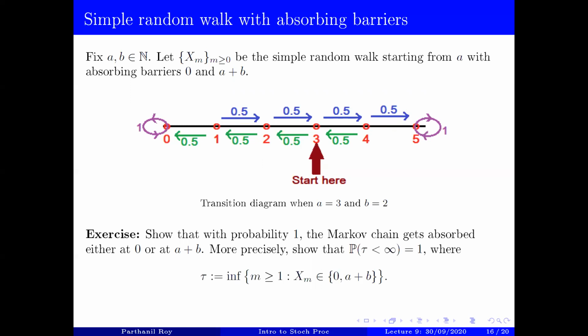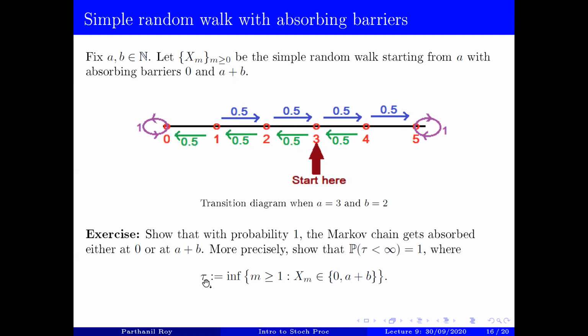More precisely, what I'm asking is this. Define a random variable tau to be the first time the Markov chain gets absorbed, in the sense that it's the first time the Markov chain hits either 0 or A plus B. It's the infimum of all m bigger than or equal to 1 such that X_m is either 0 or A plus B. Now obviously tau is at least 1, because you know that X_0 is A, which is strictly bigger than 0 and strictly less than A plus B. In this case, X_0 is 3, and then you're looking at the first time the Markov chain either hits 0 or hits 5.